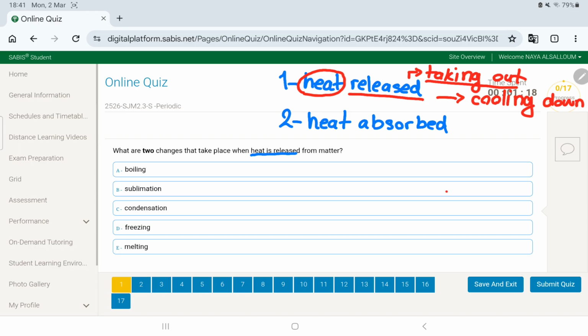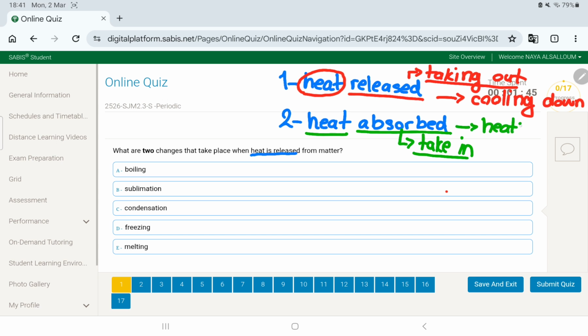Now let's see the second scenario. It's when heat is absorbed. When you absorb something, you take it in. So taking or take in. Okay? Just like how plants, they take in sunlight, they absorb the sunlight, right? So let's see. When heat is taken into something, this something is getting heated up.